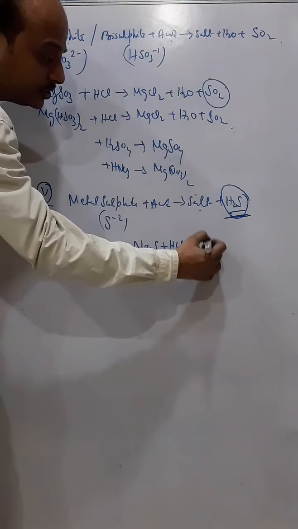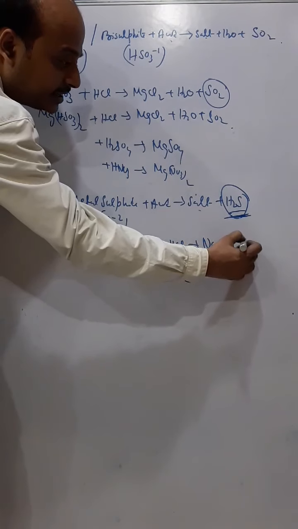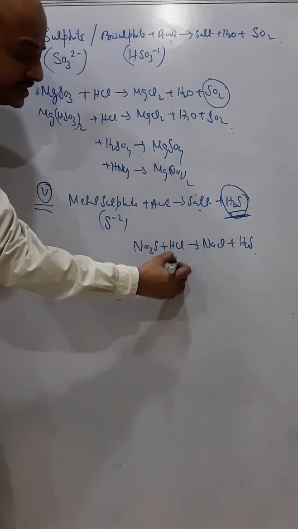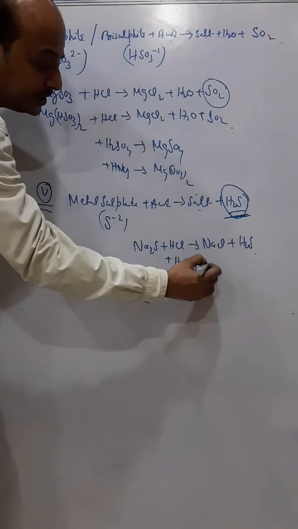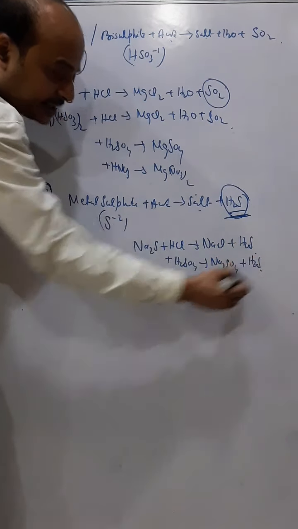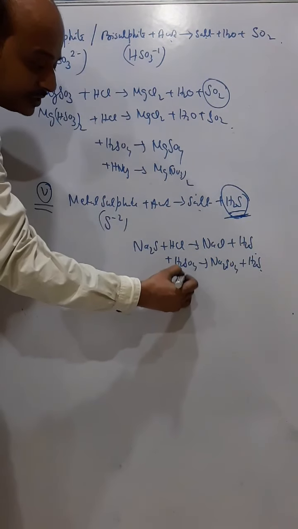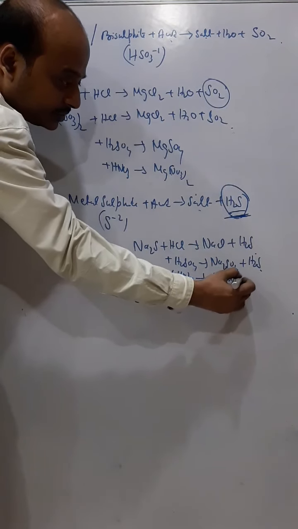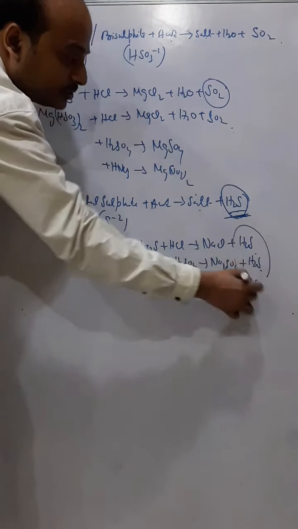You get a salt, NaCl, and you get H2S. If instead of HCl you use H2SO4, the only difference is you will get Na2SO4, but again you will get H2S. And if you use HNO3, you will get NaNO3 plus H2S. Okay, understand?